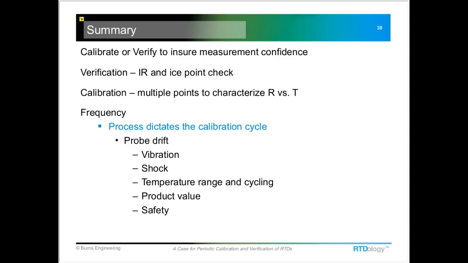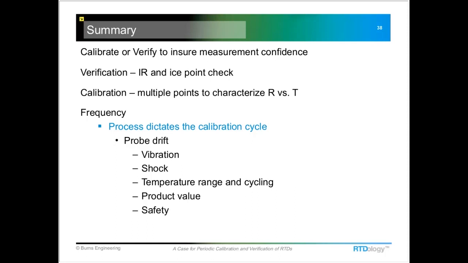And then one of the most common questions I get about calibration or verification is, how often do I need to do it? And you can look at several factors and lean on the manufacturer of the probe a little bit. They're going to have some, hopefully have some information about how their probe behaves when it's exposed to any kind of vibration or shock temperature cycling.